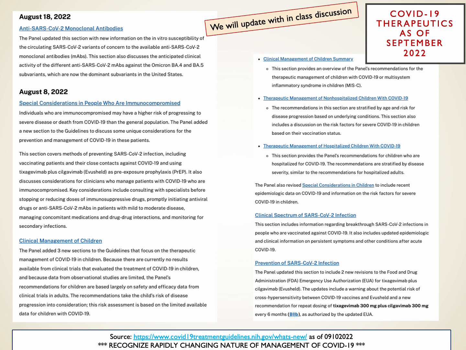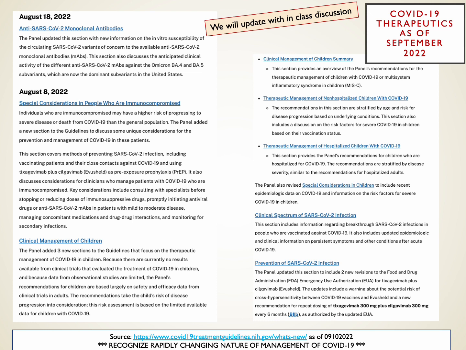And a lot has to do with, as the variants have changed in COVID, we see that the monoclonal antibodies that initially came to market for COVID were for variants and targets, or spike proteins or something else, that's no longer a common modality now. It's not effective because the antibody is not directed against something that's in the current strain of COVID. There'll be special considerations for individuals who are immunocompromised.